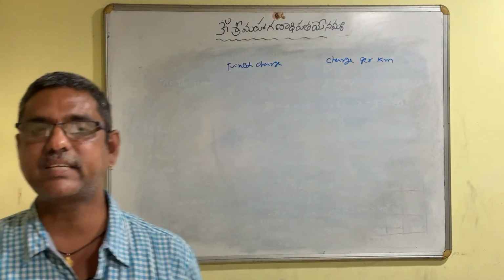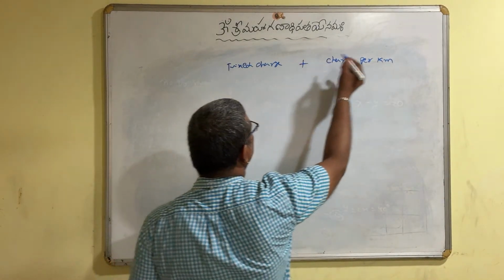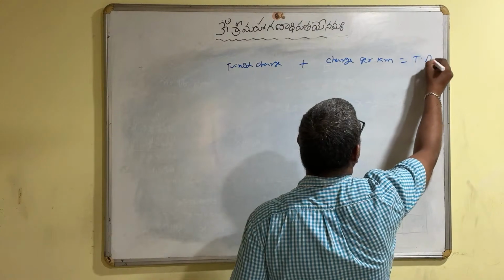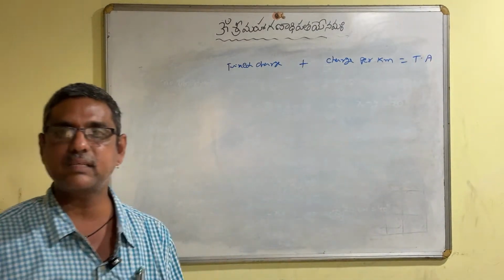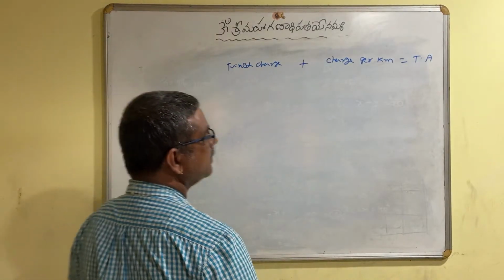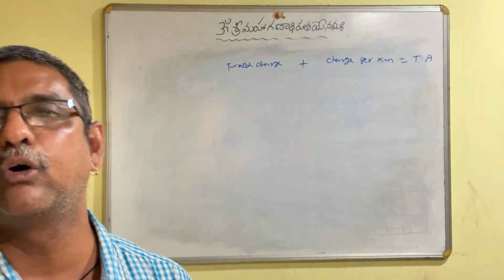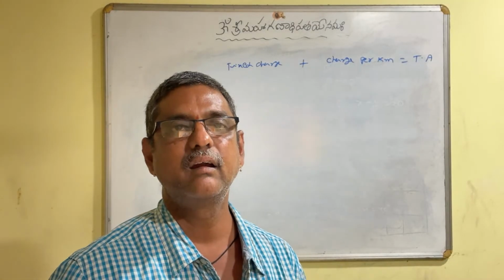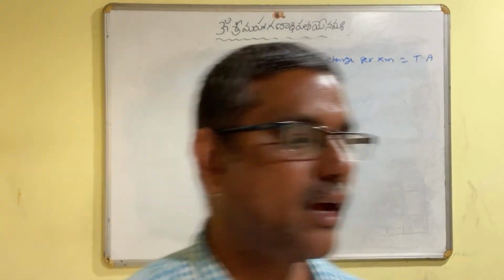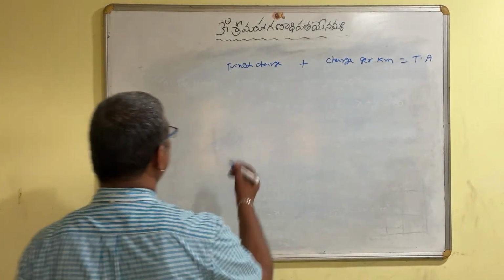Together they will collect the total amount. Suppose if a man travels 80 kilometers in the taxi, he has to pay 1330 rupees.